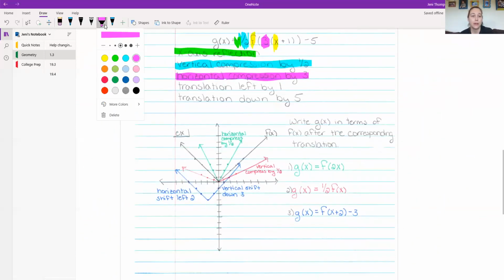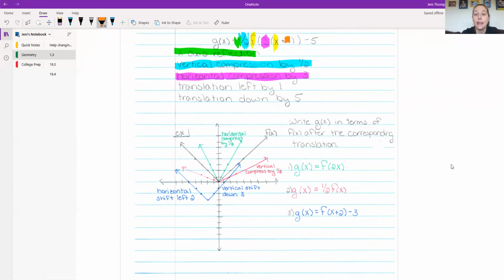There's some other things that are going on. Also, we're adding a 1 to the inside of the function, right? So inside means we go left or right. Since we're adding, we know that we're going left 1.